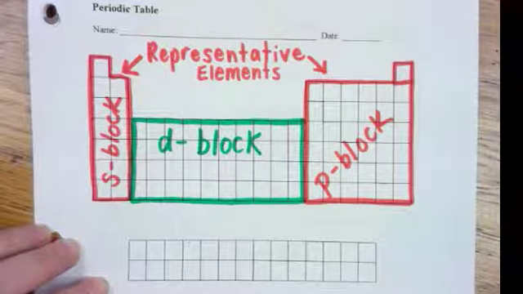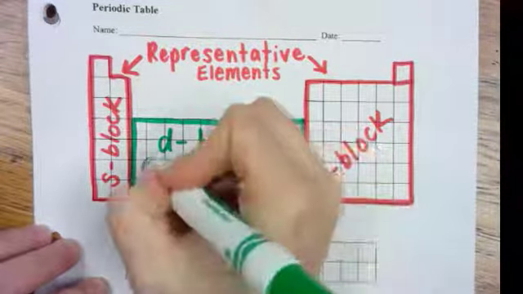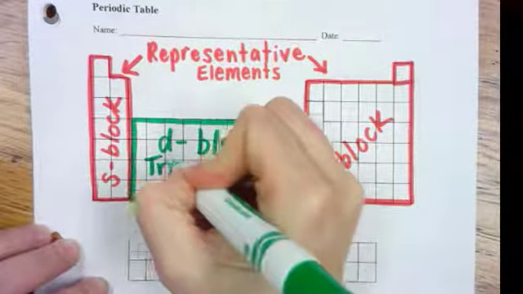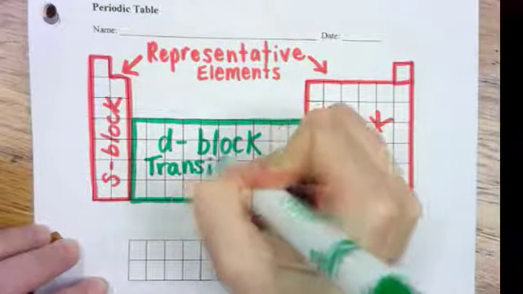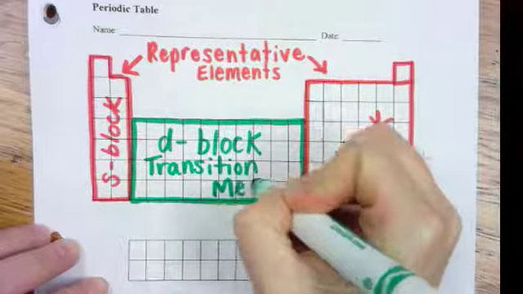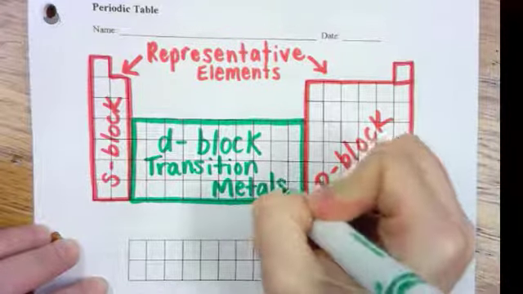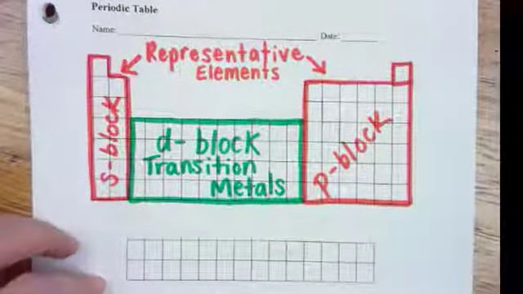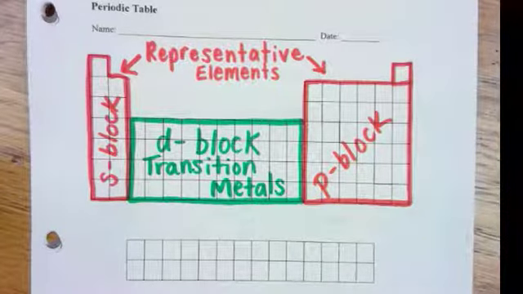The D block elements are known as the transition metals, and includes all of those elements whose electron configuration ends with D. Now you need another color.